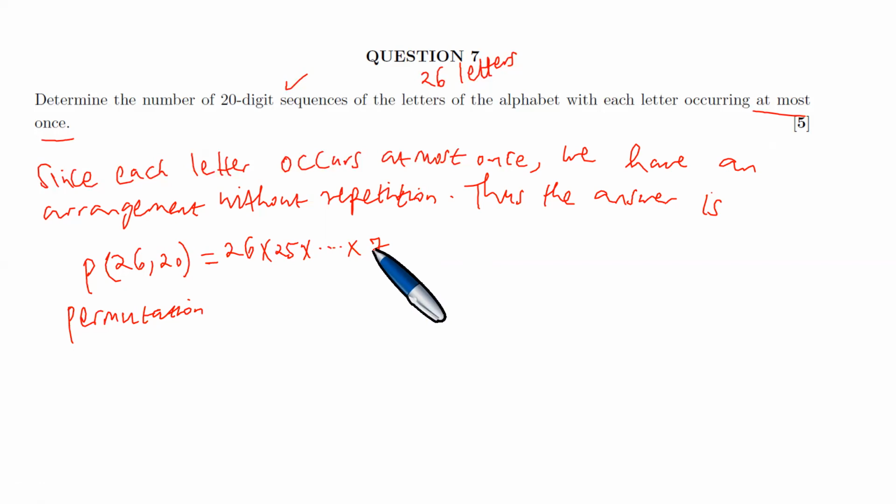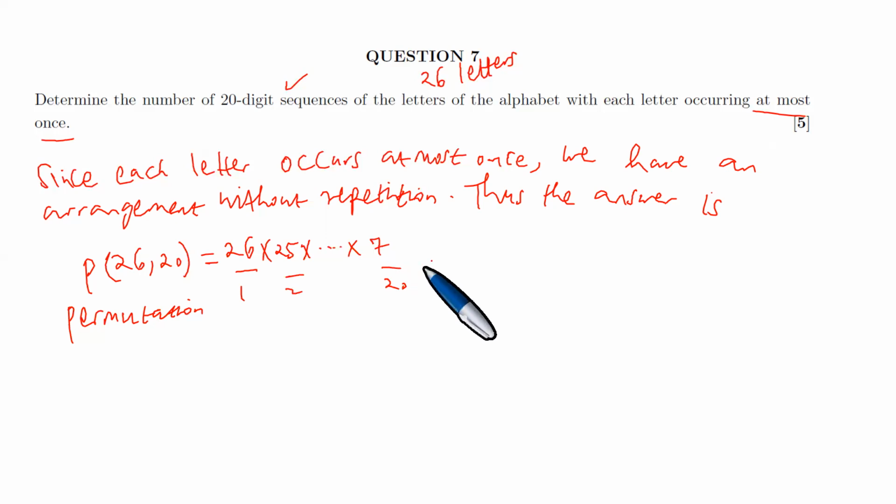So this is exactly what we are getting, because we are speaking about the 20-digit sequences. This means that we have 20 places here. There's place 1, there's place 2, and then there's place 20.